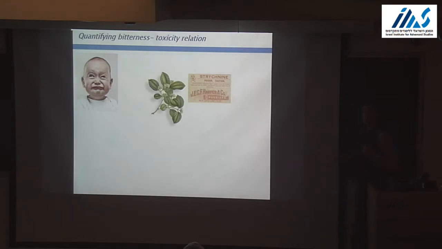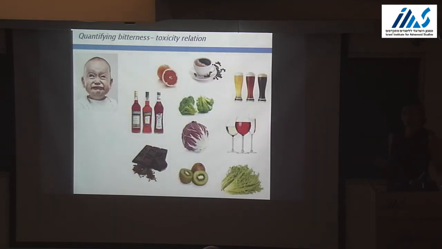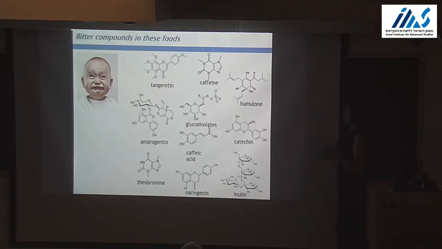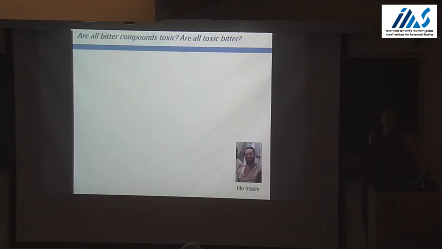It is true that some poisons are bitter, and some bitter compounds are toxic, but there are also foods that taste bitter and actually are healthy ones. These are examples of compounds that give the bitter taste to these foods. So, okay, what is going on, and how can we quantify it?